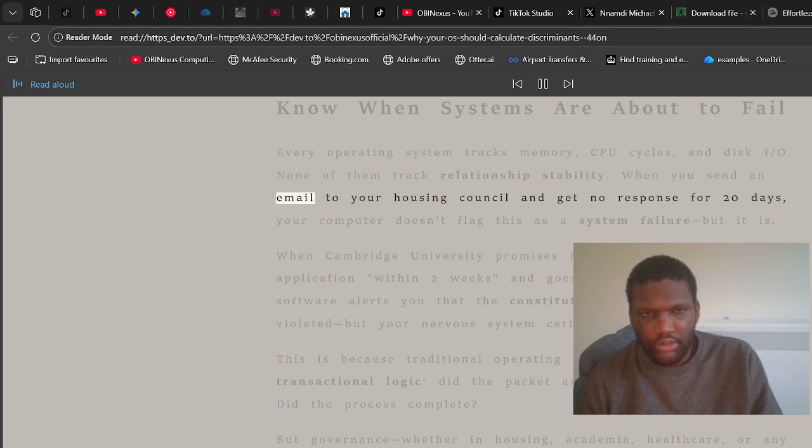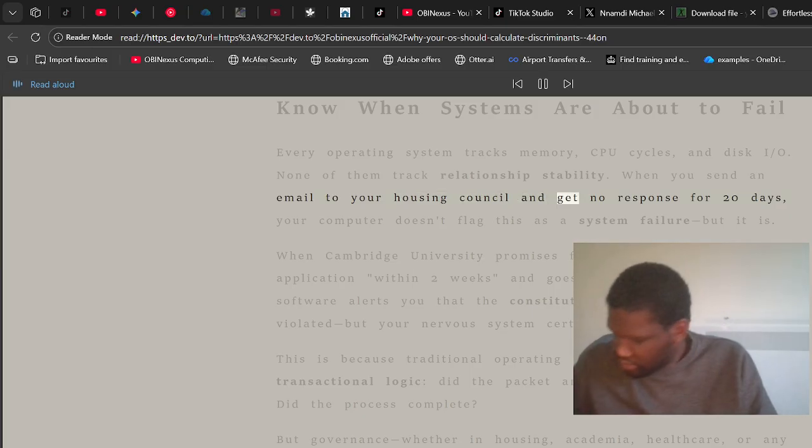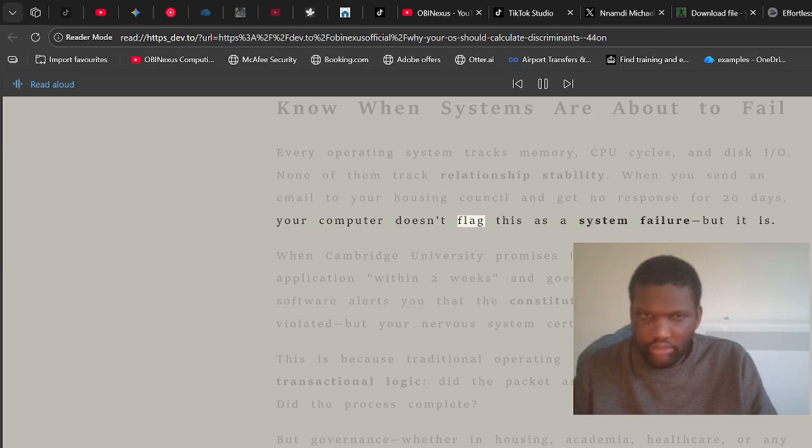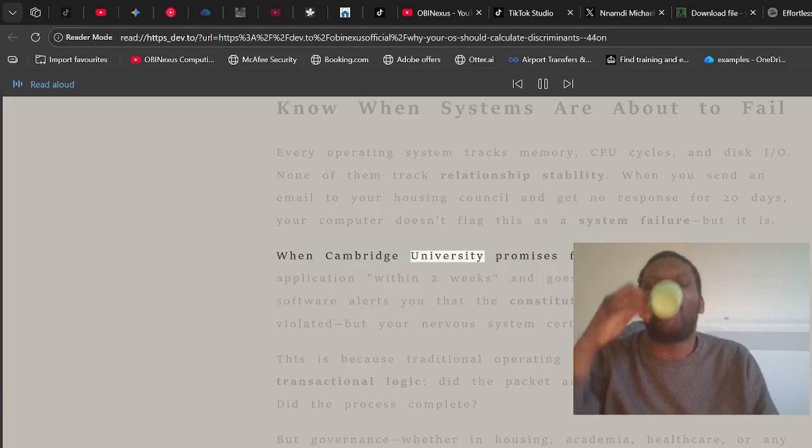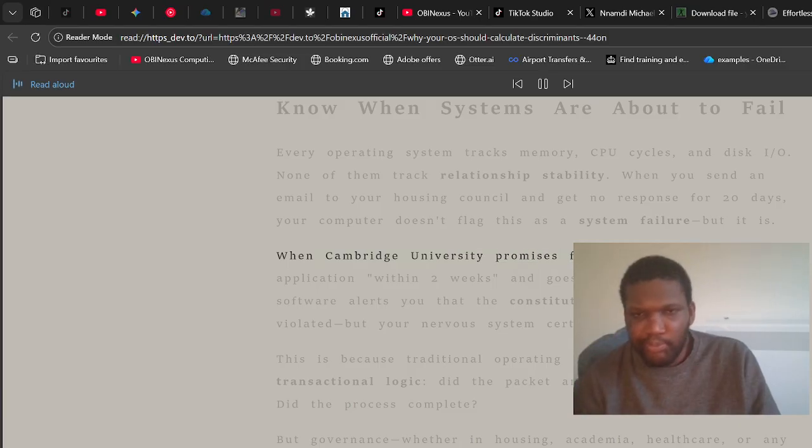When you send an email to your housing council and get no response for 20 days, your computer doesn't flag this as a system failure, but it is. When Cambridge University promises feedback on your PhD application within 2 weeks and goes silent for 3 months, no software alerts you that the constitutional contract has been violated, but your nervous system certainly knows.